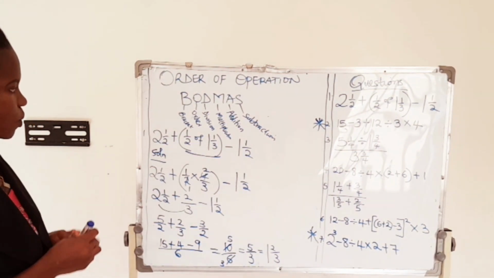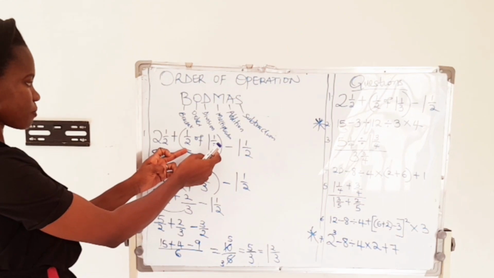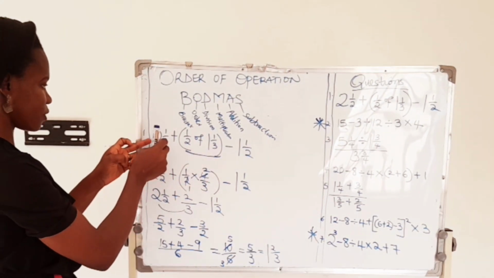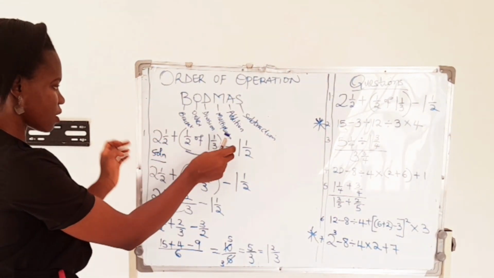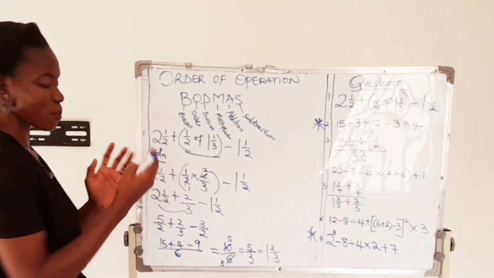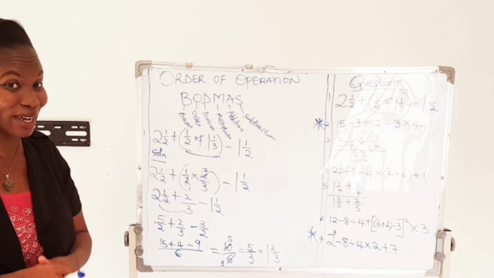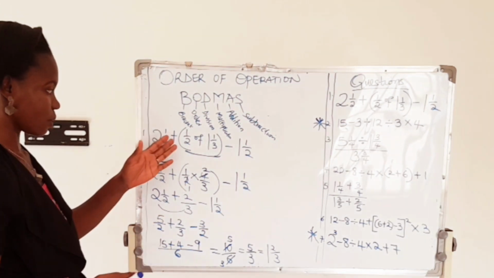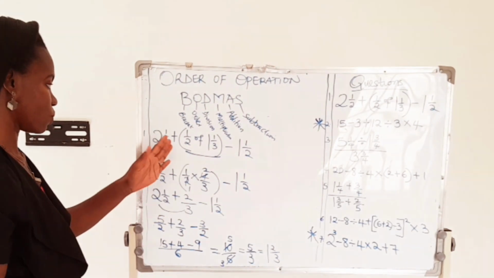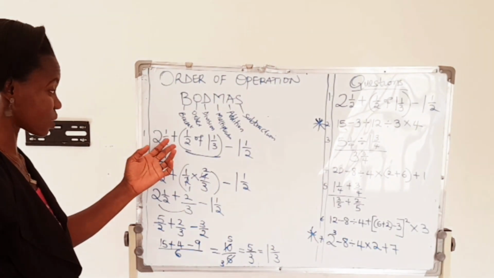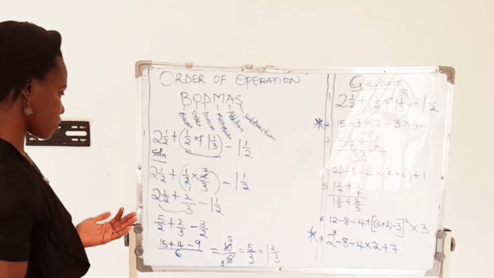As a recap, what we did, we solved this. After solving this, we are left with this plus whatever we get here minus this. So I said addition and subtraction go together, so you can solve them together at the same time, especially when the addition comes first, when the arrangement is such that addition is before subtraction.